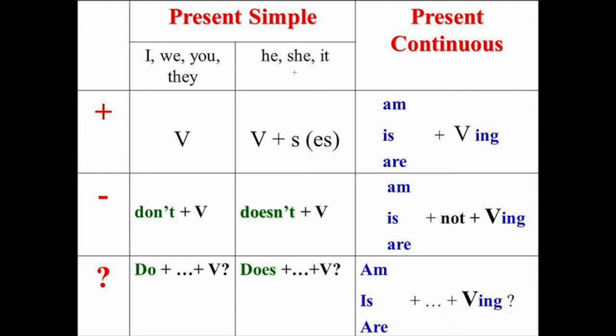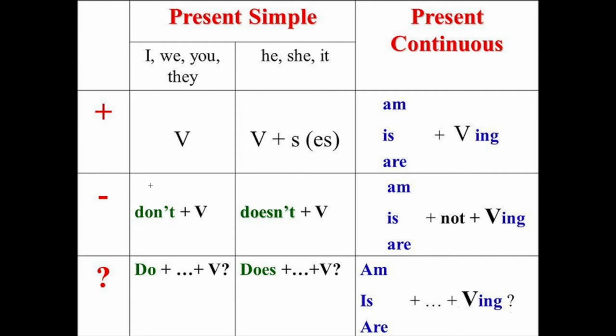Remember that the third person singular, in this case he, she, and it, is very special because we are going to use s and es. In a positive sentence, you use the subject and the verb, and in third person, the subject and the verb with s or es.